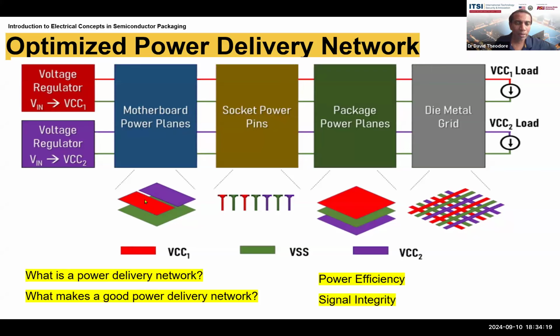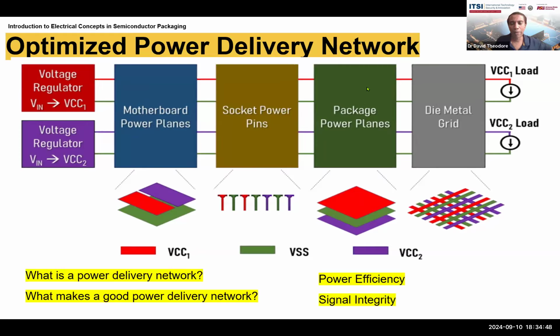And so the red is basically the sheet or the printed lines that are deriving power from VCC1 from the first voltage regulator. The purple sheet here is deriving power from the second voltage regulator, and that is built into the motherboard. Now we go to the socket. So you've got all these sockets that are basically translating power from the motherboard to the package.